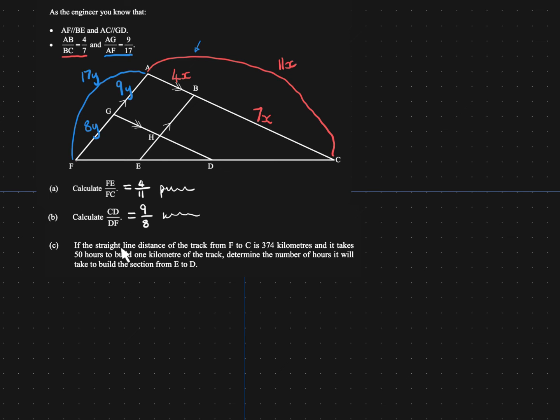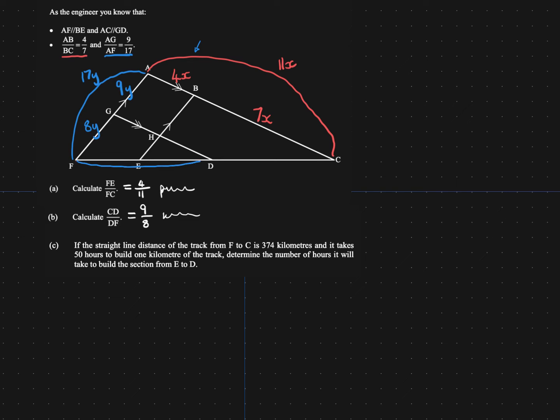It says if the straight line distance from track F to C is 374 kilometers and it takes 50 hours to build 1 kilometer of track, determine the number of hours it will take to build a section from E to D. So we already know that we've got some proportions happening here.